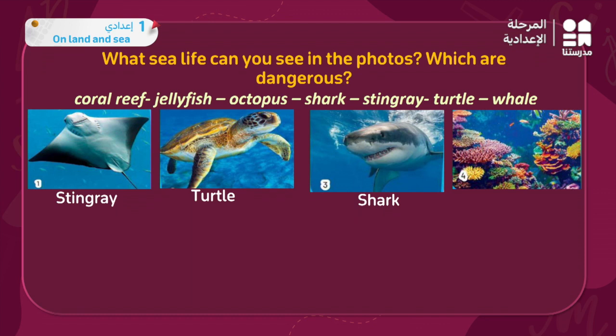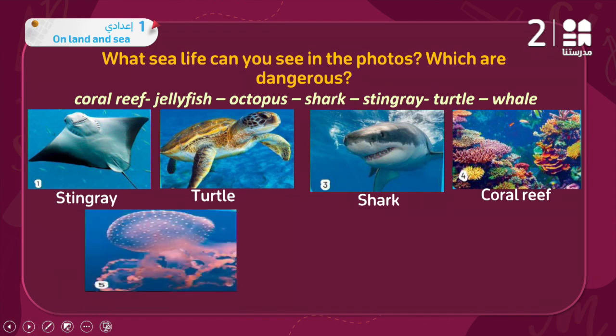The coral reefs. Okay, here we have the jellyfish. The jellyfish is a very soft water animal or water creature, and it can sting. What does it can sting mean? It can sting if it feels danger. It can sting the person next to it or in front of it.